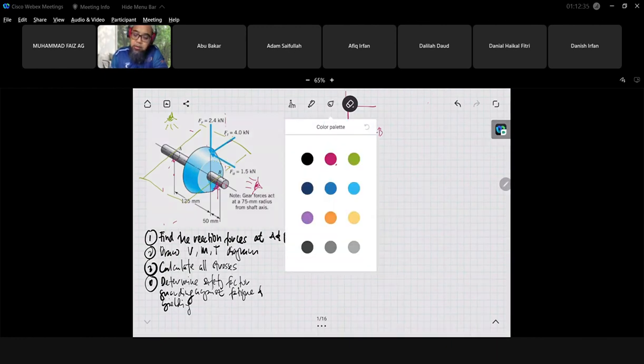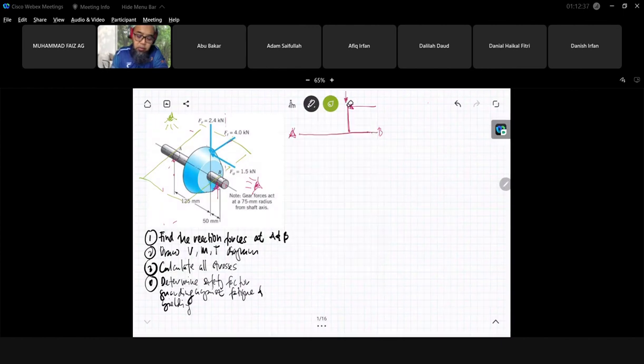Okay, this is the green angle. This is the green one. So for the green, kita akan dapat tengok ini. Okay.